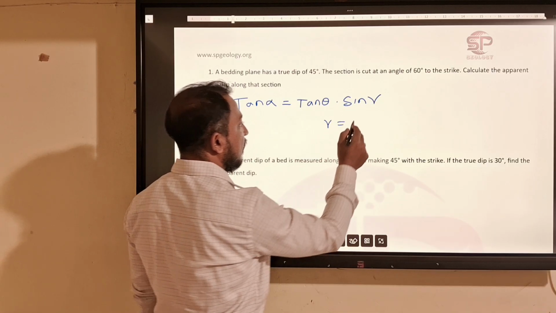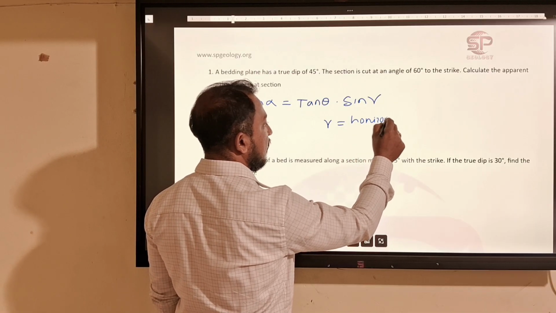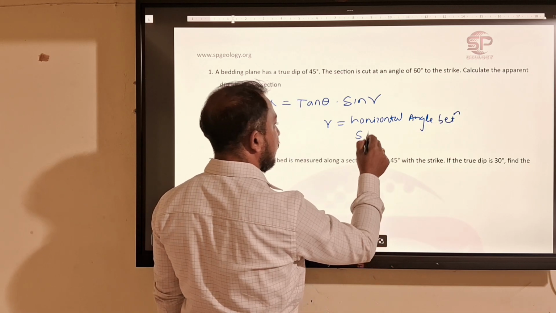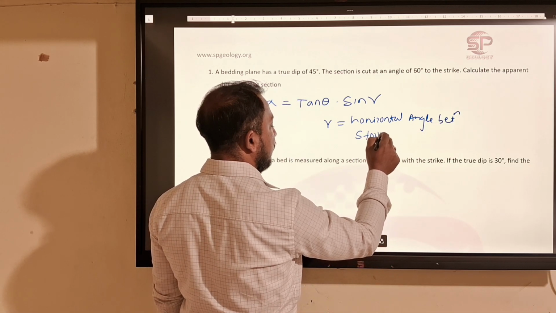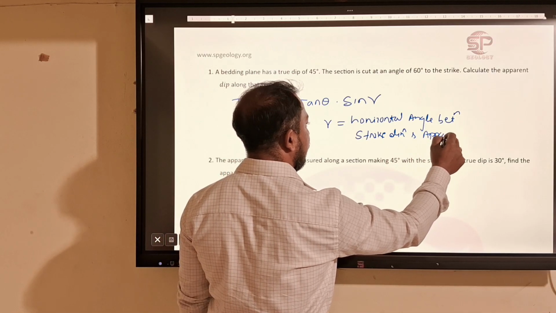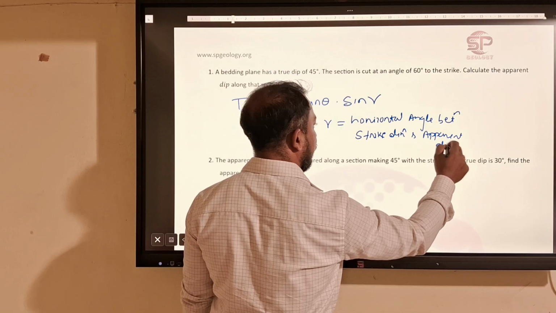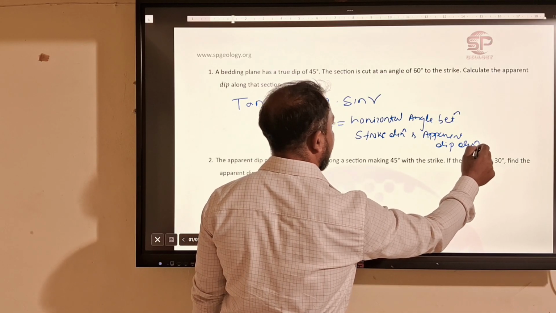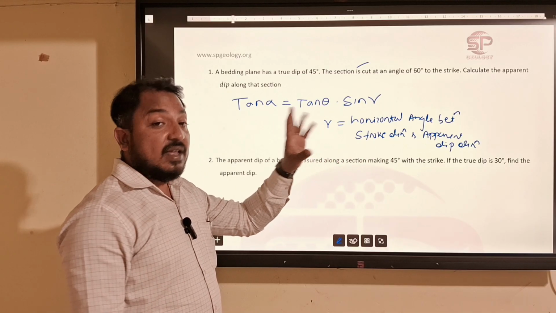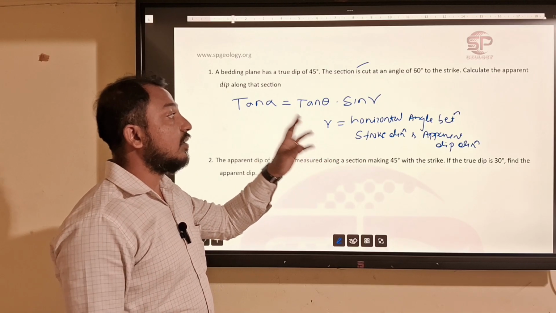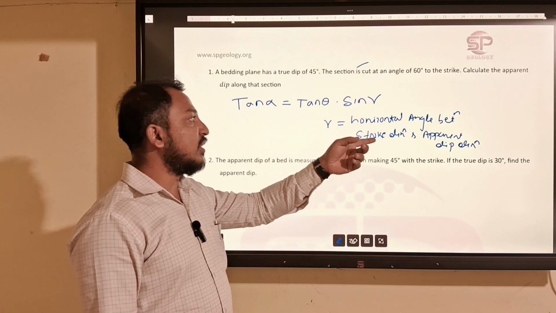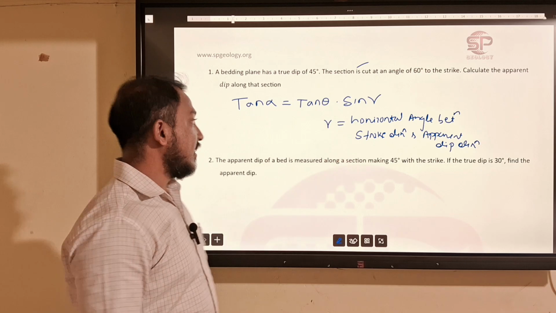So gamma is the horizontal angle between strike direction and apparent dip direction. You can also solve this problem by using this formula. The answer will be the same. In case beta is your angle between the true dip direction and apparent dip direction, we'll take gamma, which is the angle between the strike direction and apparent dip direction.